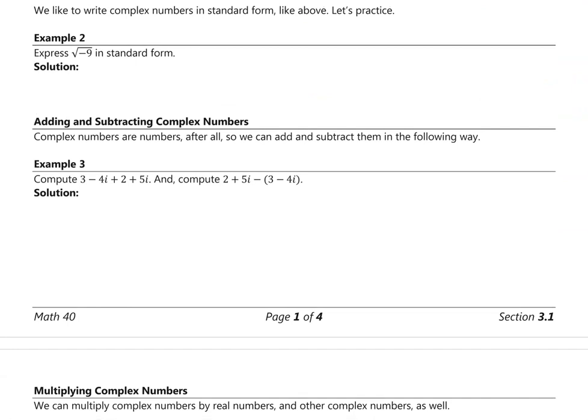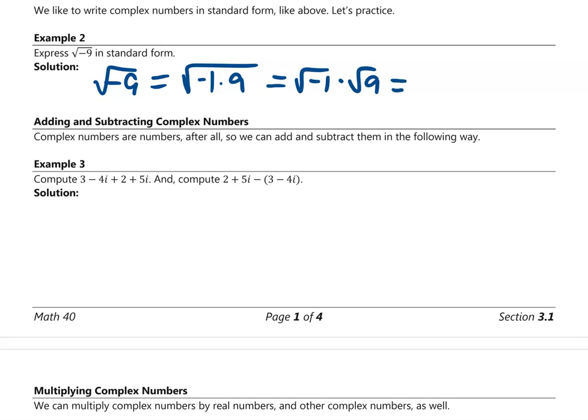Example number 2, express square root of negative 9 in standard form. Square root of negative 9, again, we know that negative 9 is negative 1 times 9, and square root of negative 1 is i, square root of 9 is 3.